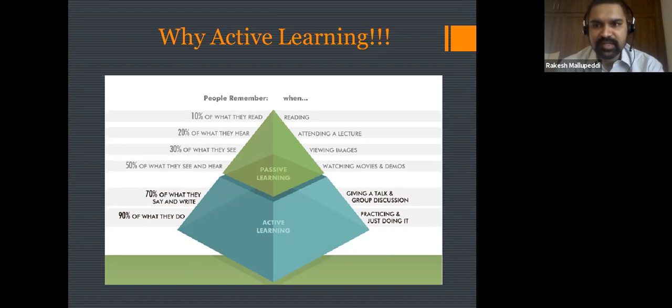Periodically, when you are reflecting on what is happening, you can see the learning levels have gone up to much higher levels than we are used to. So it's very important for students to have constant communication and constant reflection on what is happening.